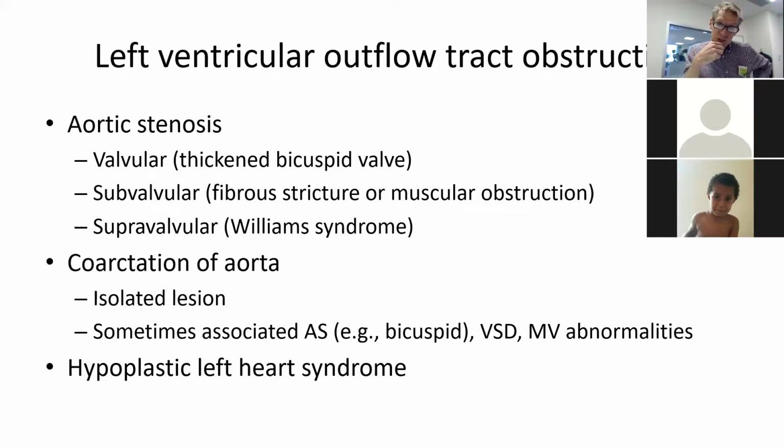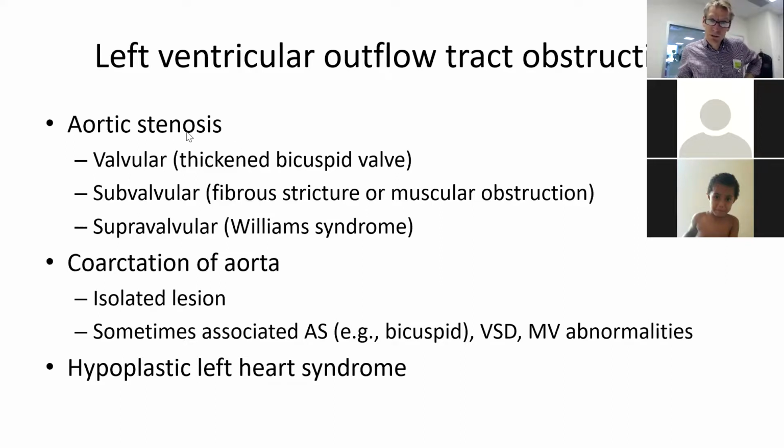So those children have very severe left ventricular outflow tract obstruction. Some children with coarctation can be very severe too, or it can be mild. And some children with aortic stenosis, it can be mild or it can be severe.